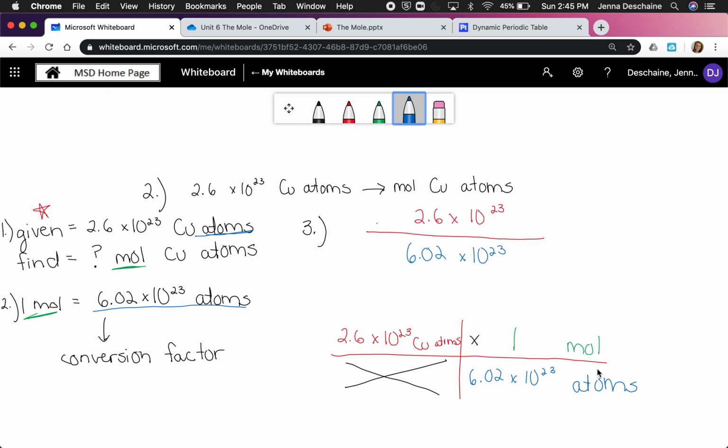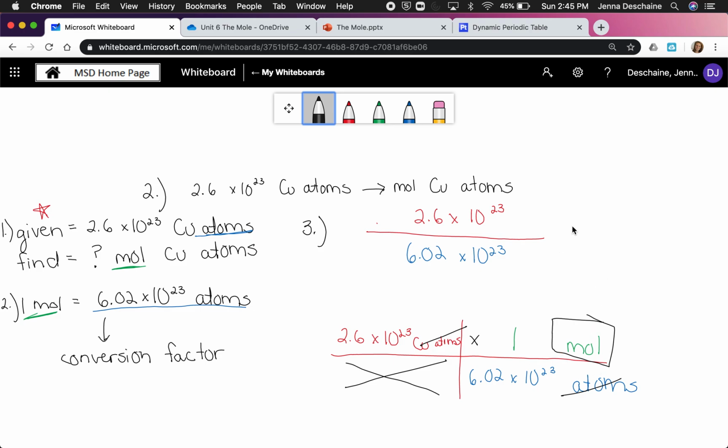I'm always going to take the unit in the top right, because these atoms right here and these atoms right here cancel out. So I'm left with moles.